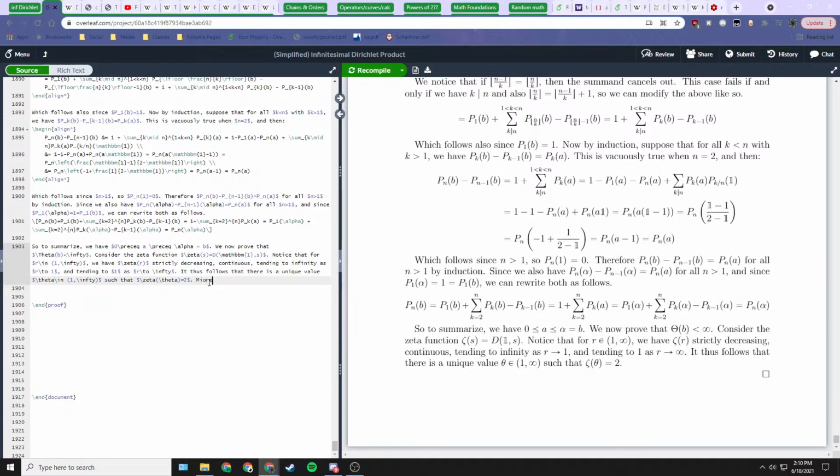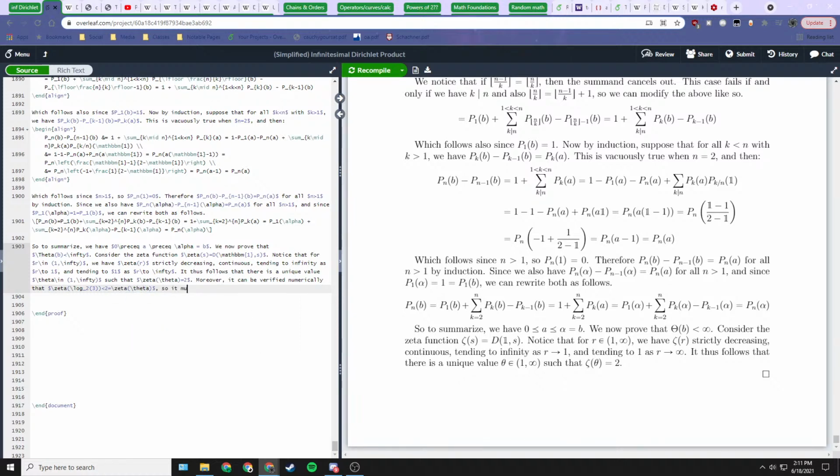Moreover, it can be verified numerically that zeta of log base 2 of 3 is strictly less than 2, which is equal to zeta of theta.